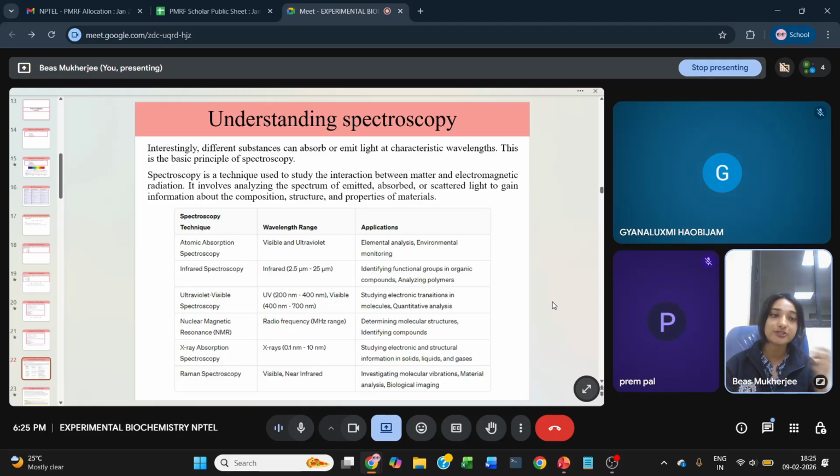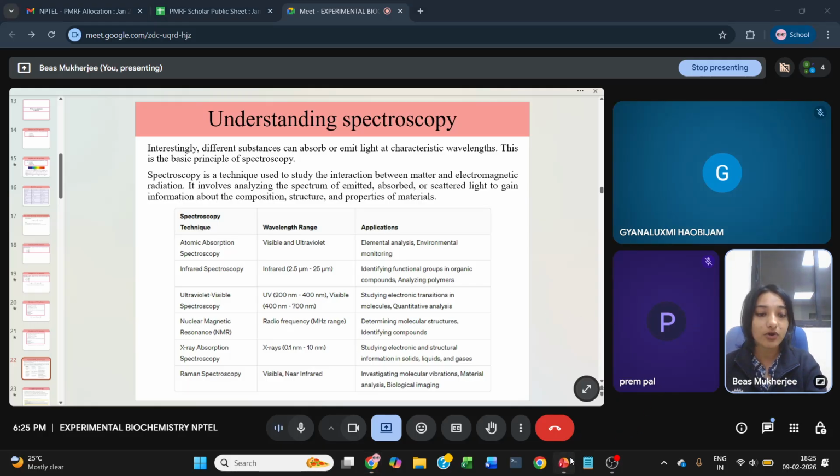It has a wide range of applications, and our lab actually specializes in NMR. Then X-ray absorption spectroscopy, which again deals with X radiations and studies electronic and structural information in solids, liquids and gases. Then there is Raman spectroscopy, which deals with visible and near infrared radiations.